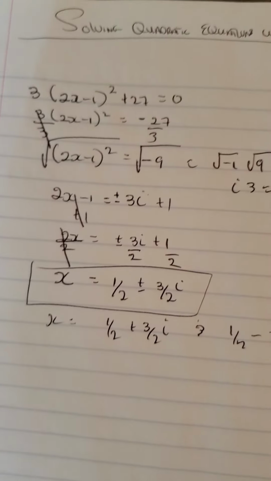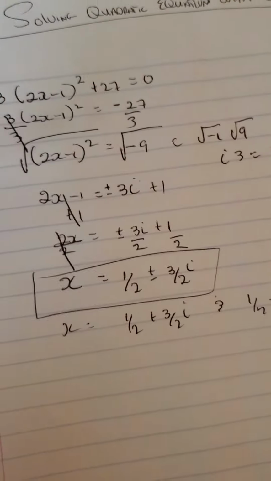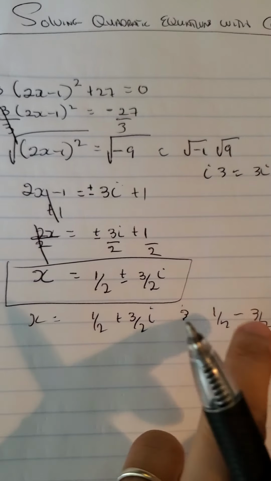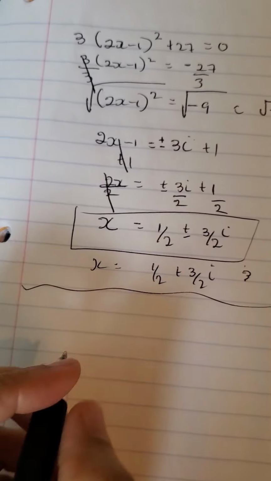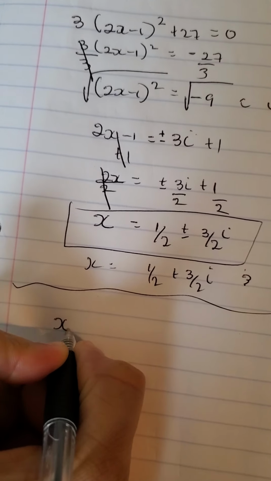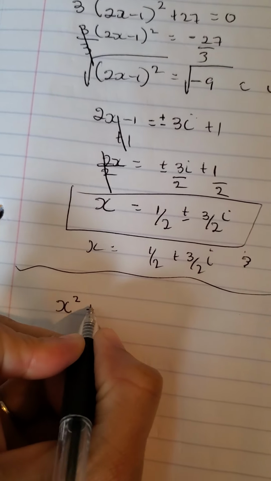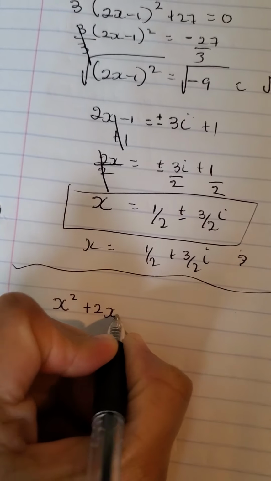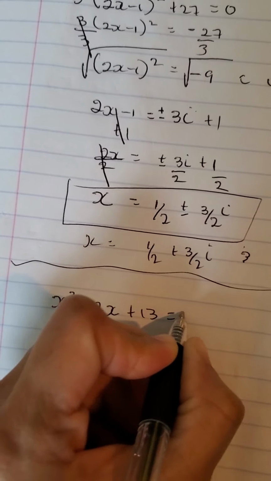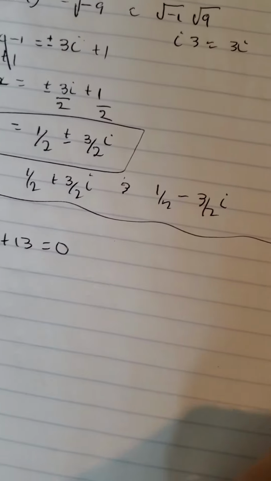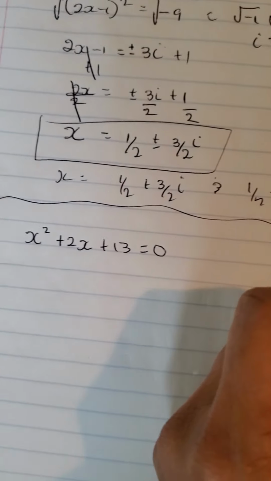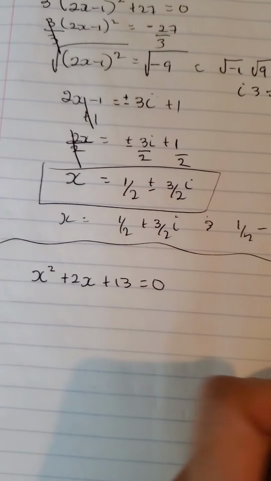Let's try another one. So here is one where we can solve a quadratic equation using square roots with complex solutions. And here's another possible one. You can have it in the traditional trinomial form equals 0. And whenever you see it has no real solution, you could apply the quadratic formula and end up with complex numbers. That's fine.